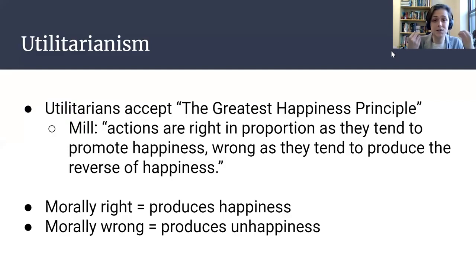It is wrong to torture people because being tortured produces a lot of unhappiness. It is good to compliment people because complimenting people produces a little bit of happiness. And that's all that there is to being morally good or morally bad. Doing the right thing or doing the wrong thing is just a matter of producing happiness, increasing total happiness in the world, or decreasing happiness, producing more unhappiness in the world.